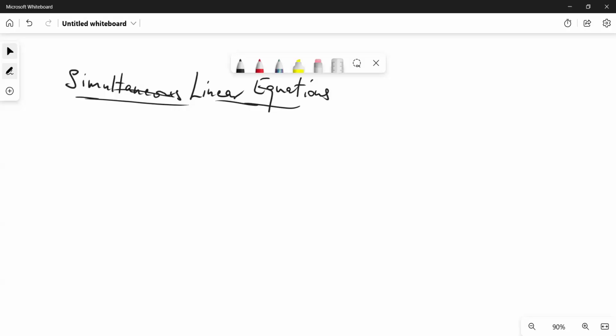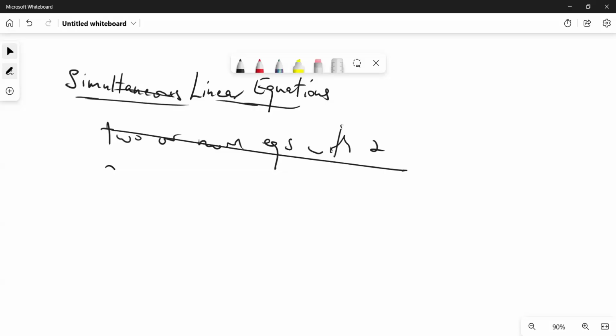But when we talk about simultaneous equations, basically you're going to have two or more equations with, well, in our case, let me go with two. Two equations with two unknowns. That's what we'll stick with.